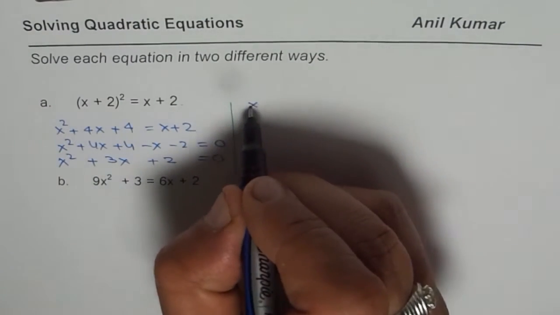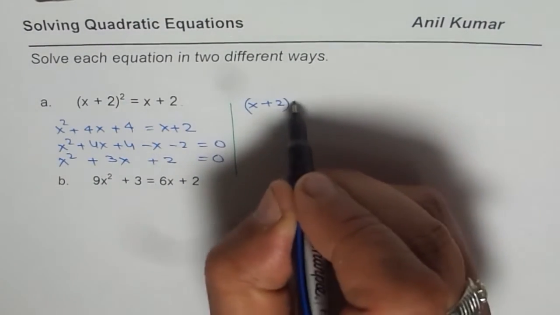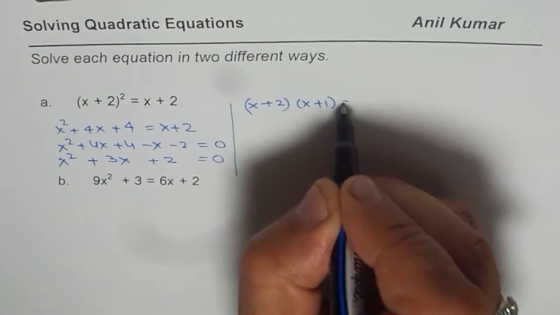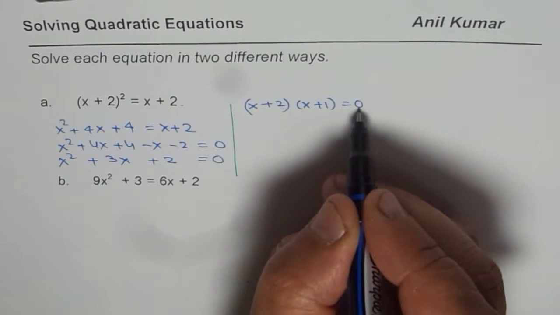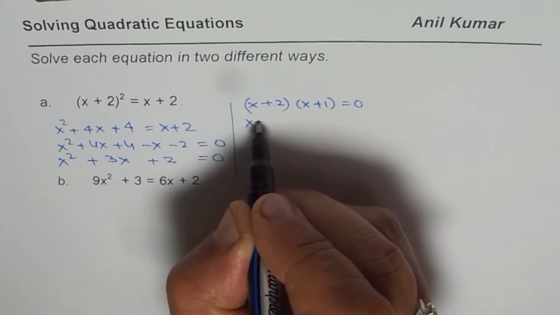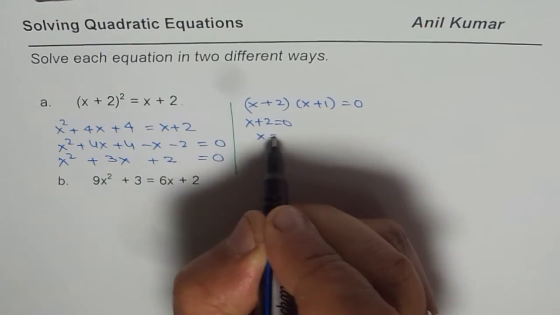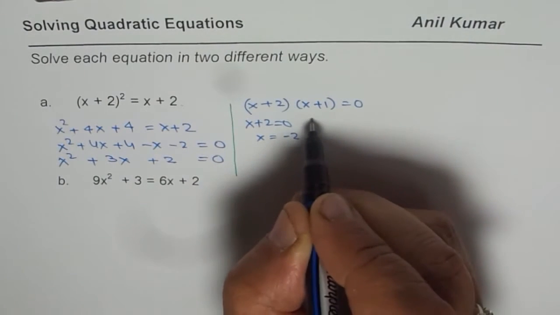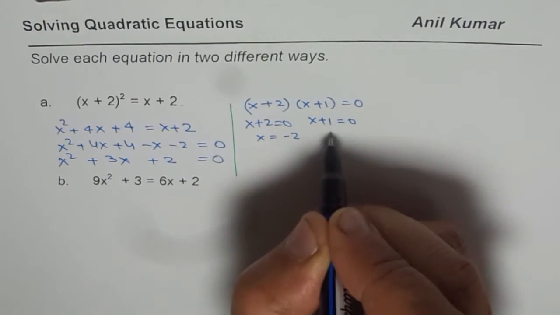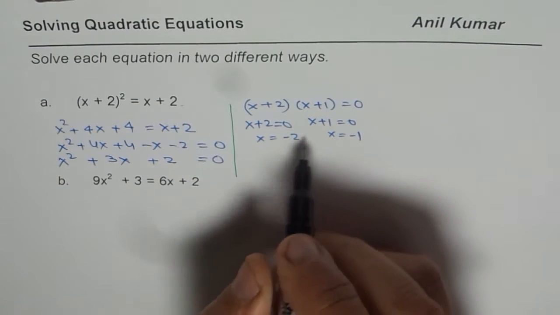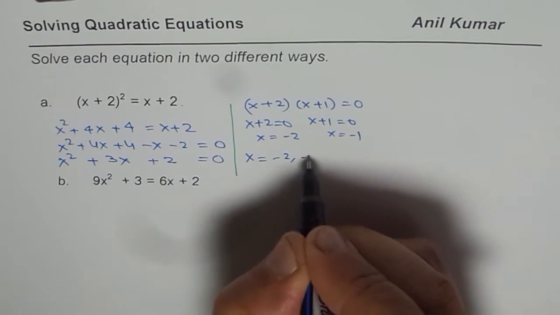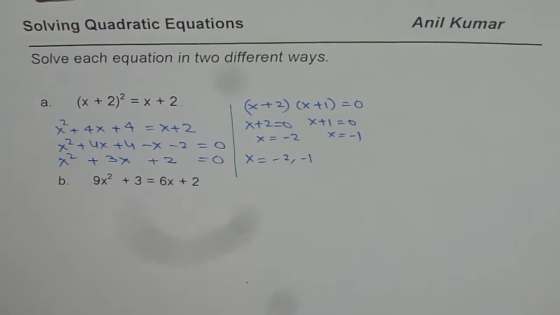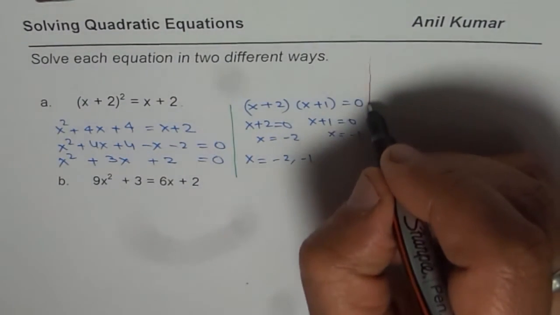So we could write this as (x + 2)(x + 1) = 0, and that is 0 when each factor is equated to 0. So x + 2 = 0 means x = −2, and x + 1 = 0 means x = −1. So we get two solutions, x = −2 and x = −1. So that is one way of solving.